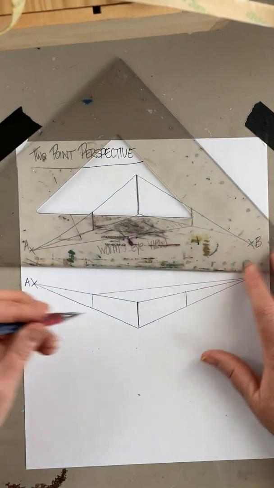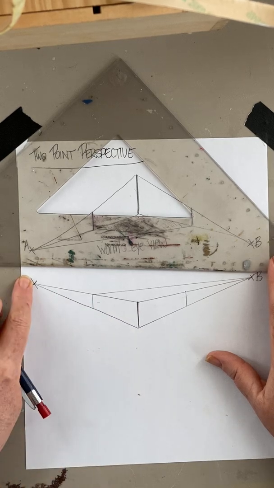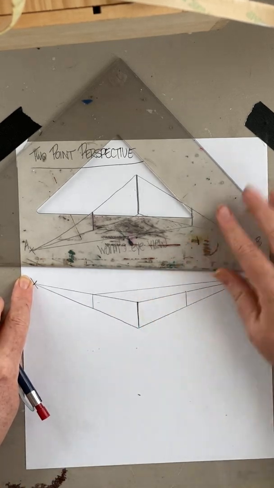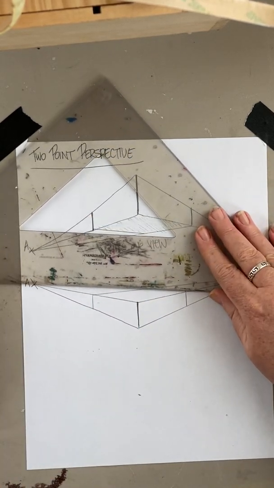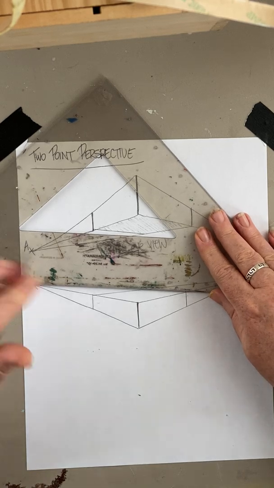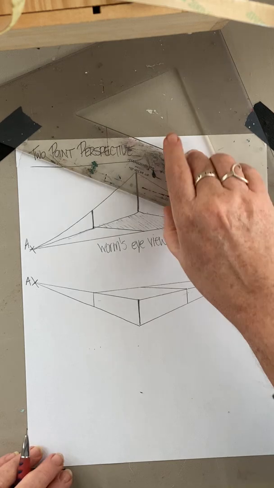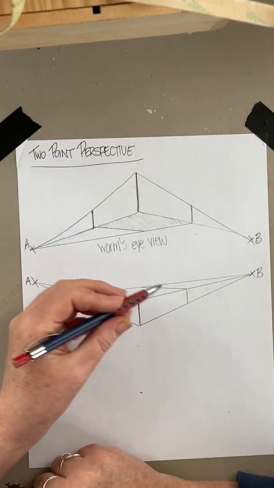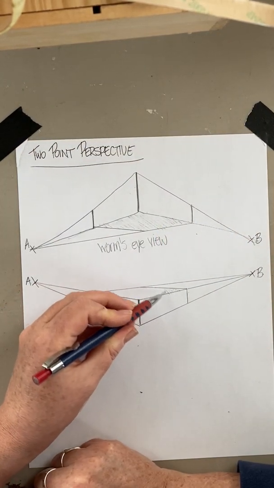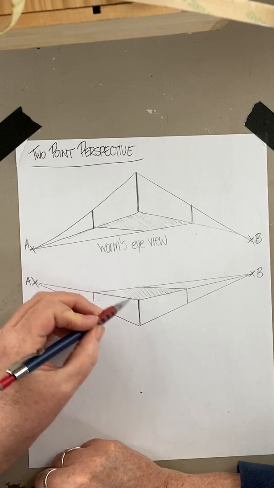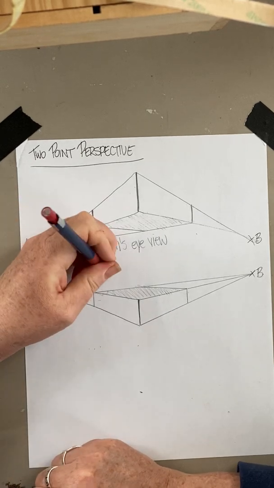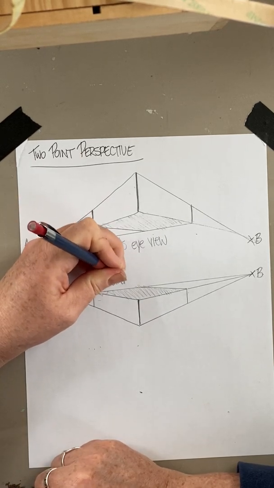And same thing, if this wall is going to the A, then that wall has to do it because they're parallel. And again, we are seeing the top of it. So this is our bird's eye view.